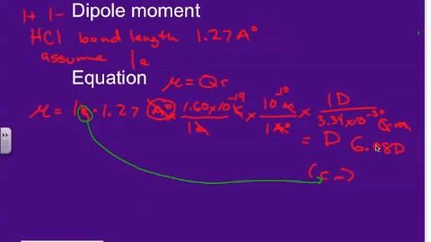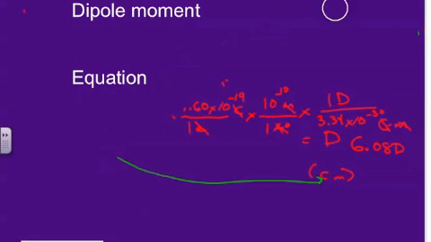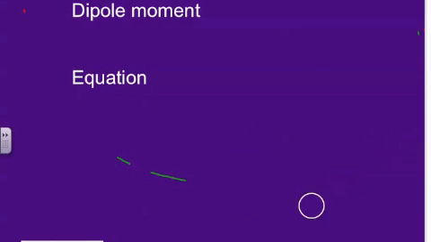Now, what if I were to go the opposite way? To give you an example, here again is our equation, mu equals Qr.